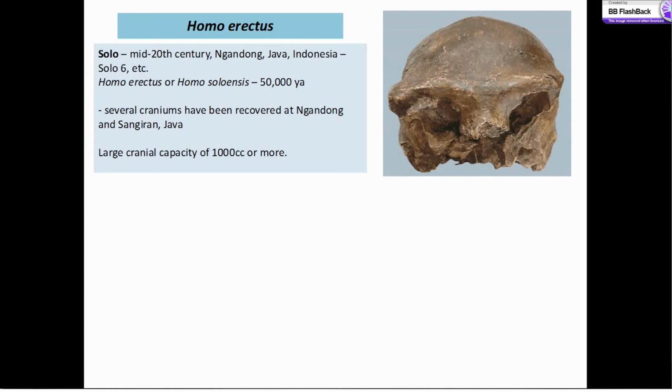So because of how recent this one is, 50,000 years ago, and again, the dating could be reinterpreted, some folks have interpreted this as a separate species from other Homo erectus, right? Dubois found his Homo erectus, dated them to 1.8 million years in Java, and then these guys have been dated to 50,000 years in Java, which means that Homo erectus or something like it were hanging out in Java for a very long time.